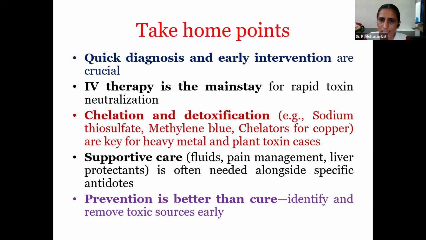Chelating agents and detoxifying agents are available, and we need to treat with them. Sodium thiosulfate, methylene blue, and other chelating agents for copper and heavy metal poisoning are key. Supportive care with fluids and hydration is very important. Pain management and liver protectants are very important alongside the specific antidotes.